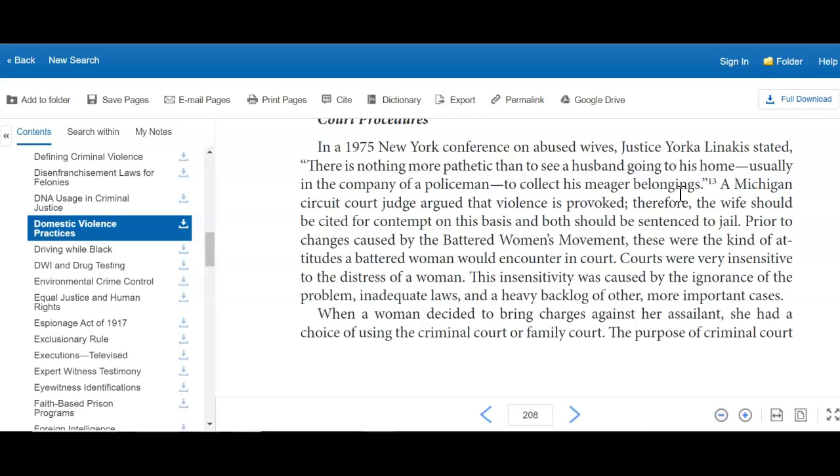And once you know a bit about your topic, then you can do more effective searching. If we go into a database and just search domestic violence, we're going to get all kinds of stuff. But odds are there are specific things about domestic violence that you want to write about. So again, this is an example of a tertiary source.